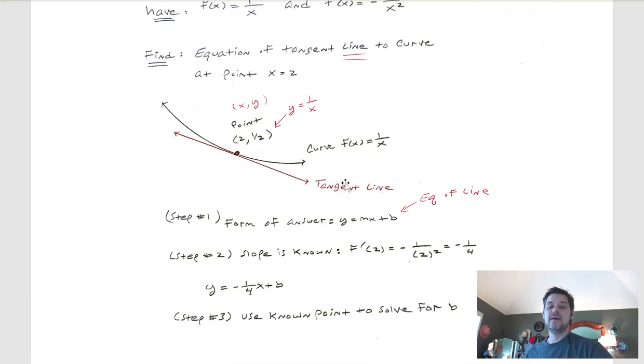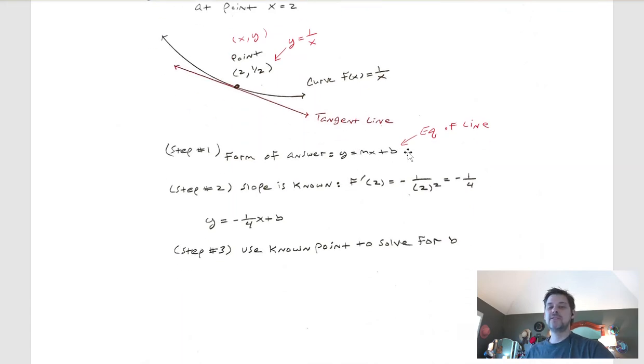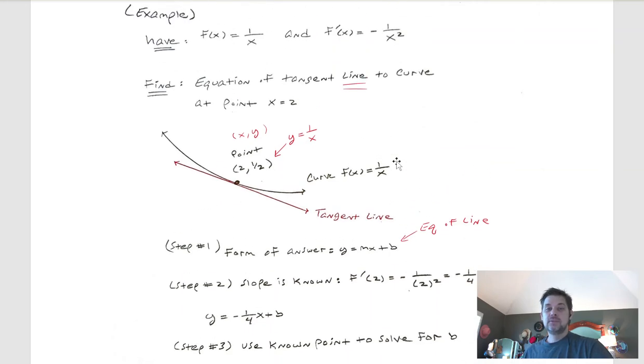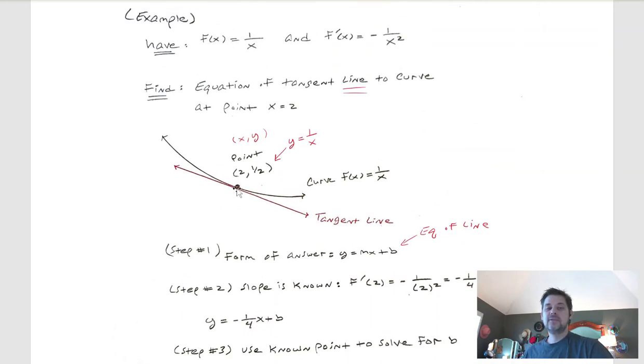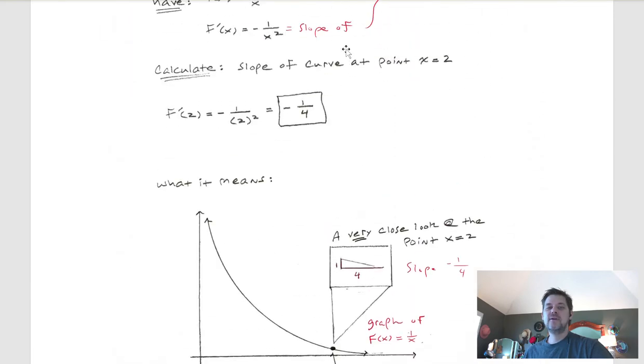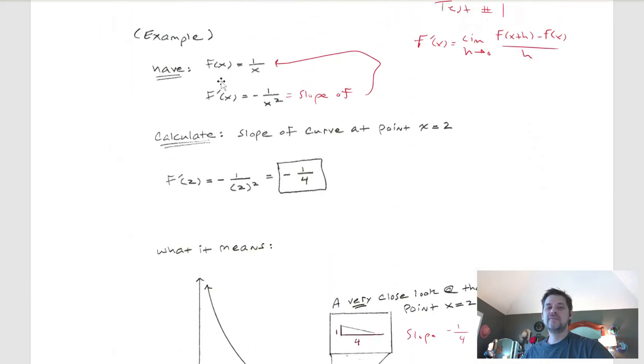Okay, now what were those numbers? y equals mx plus b, what were the numbers there? Well, m was the slope and b was the y-intercept. Now, don't we already know the slope? What is the slope of the curve at this point? Well, the derivative tells you that. And in this problem, we found that for that curve, the slope of that curve at the point where x is 2 is negative 1 over 4.